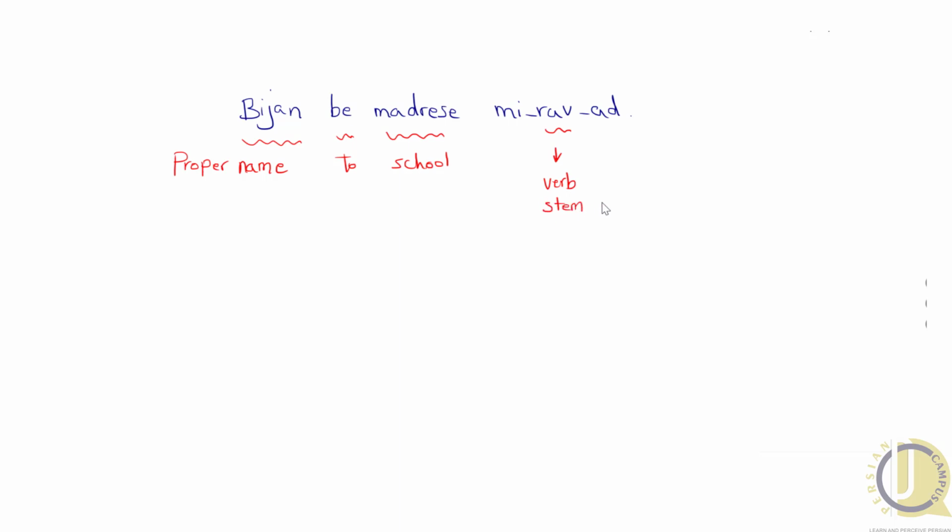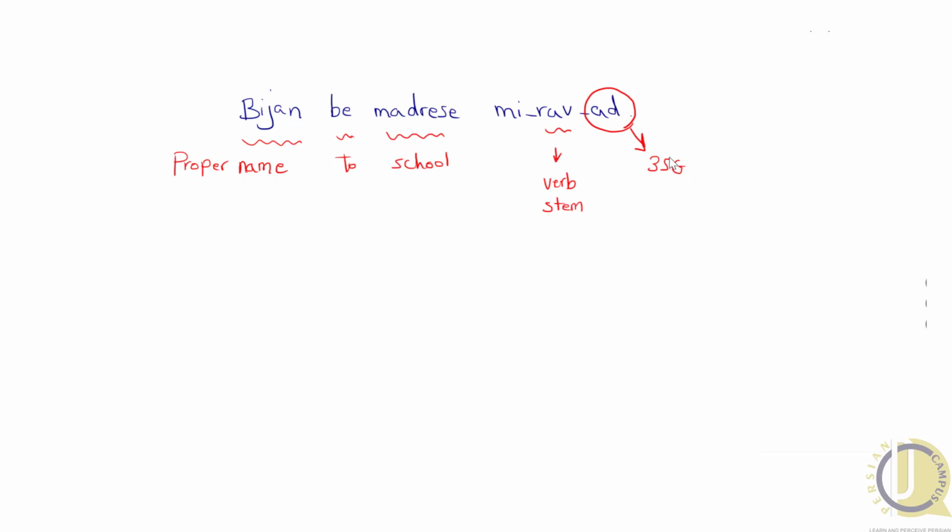However, if the subject is a noun, it cannot be removed. For example, بیژن به مدرسه می رود. بیژن is a proper name. به مدرسه means to school. می رود is made of the verb rav in present tense and ad, which shows the subject is in third person singular.